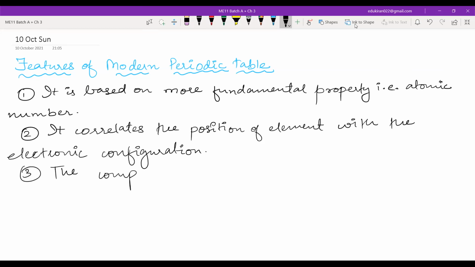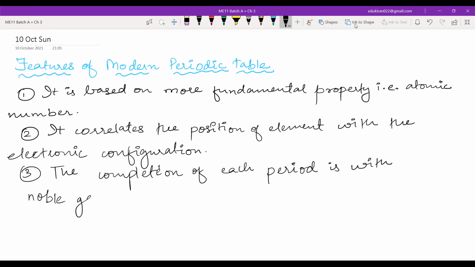Now, write the third point. The completion of each period is with noble gases which has fully filled energy shells.